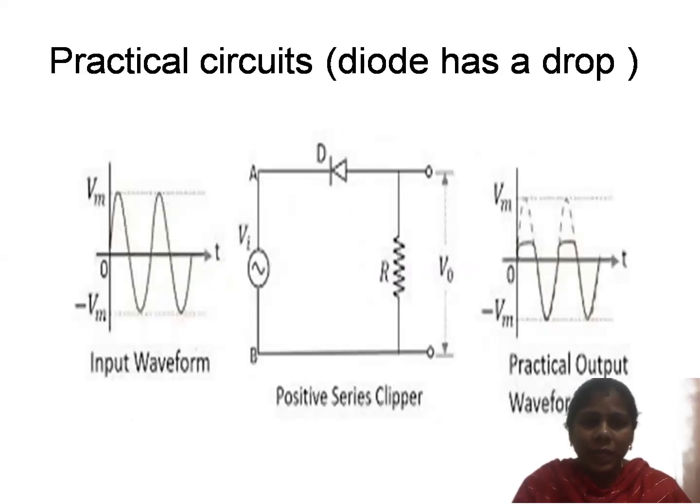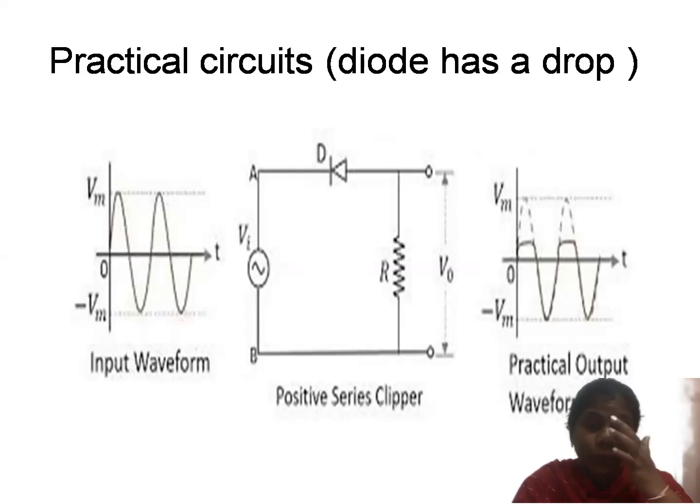Coming to the practical circuits, let us consider this as a positive series clipper. When you give the input signal with plus Vm as the maximum voltage to the cathode terminal of the diode D, the diode D acts as reverse biased and it acts as an open circuit.